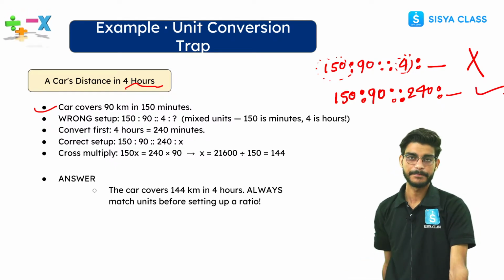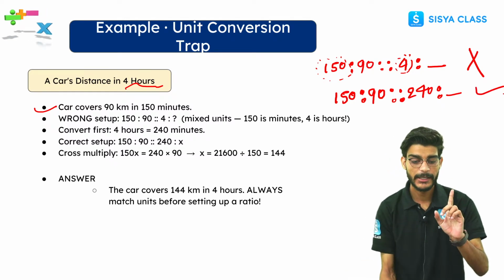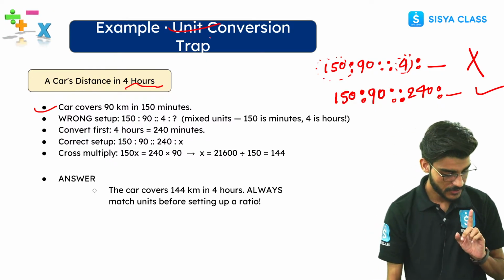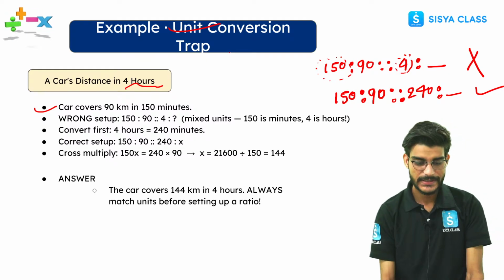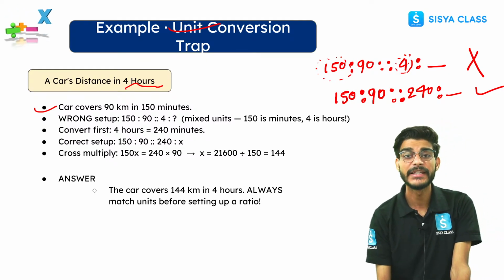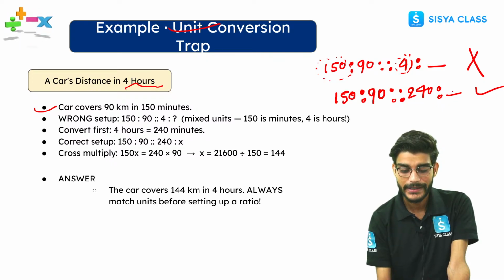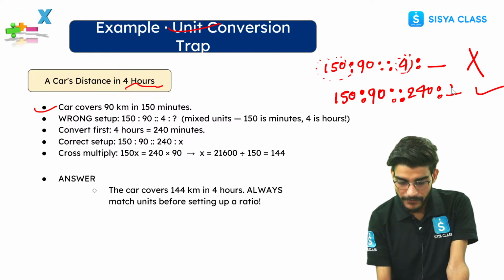Now this is correct. So you have to keep in mind the unit. Most of the students do not give the units in minutes. They leave it as hours. So 240, you have to find the value of distance, right?